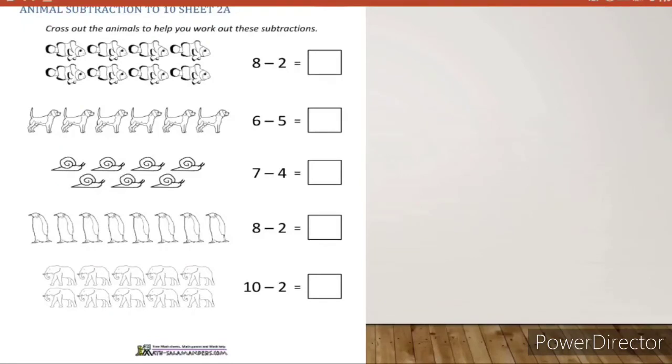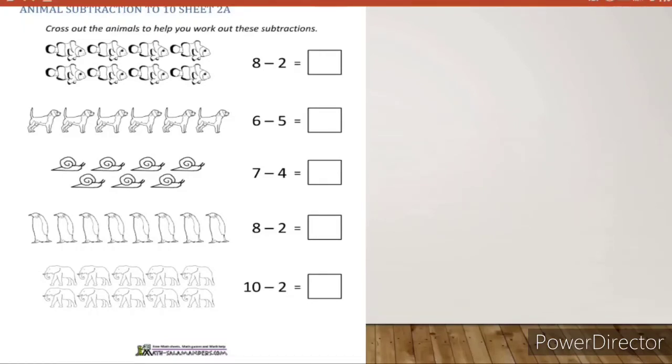Let's move down to the next example. 1, 2, 3, 4, 5, 6 dogs. 6 minus 5 equals. So we're subtracting 5. I want you to circle 5 dogs. 1, 2, 3, 4, 5. How many do you have left? Awesome. Write that number on your screen.